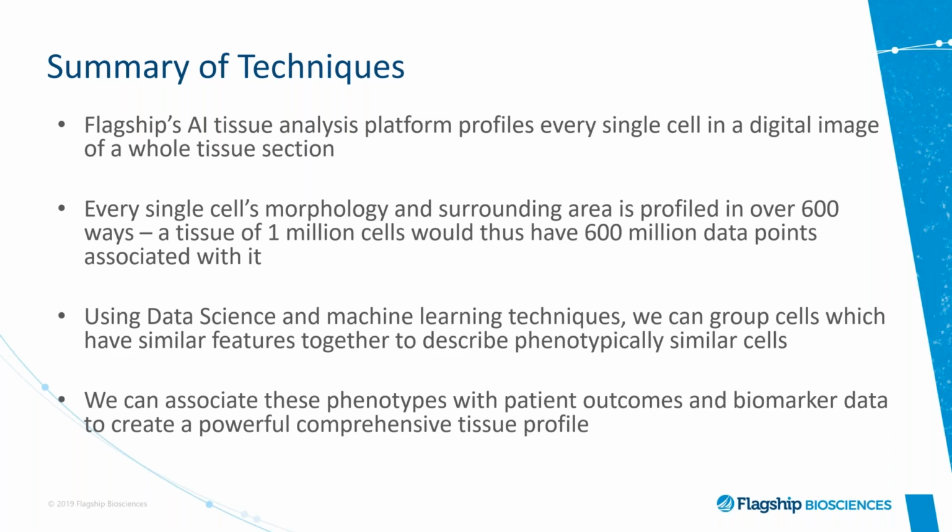So, for example, a tissue with 1 million cells, which is a standard number of cells for the average biopsy, would thus have 600 million data points associated with it. Using data science and machine learning techniques, we can group cells which have similar features together to describe phenotypically similar cells. We can then associate these phenotypes with patient outcomes and biomarker data to create a powerful comprehensive tissue profile.